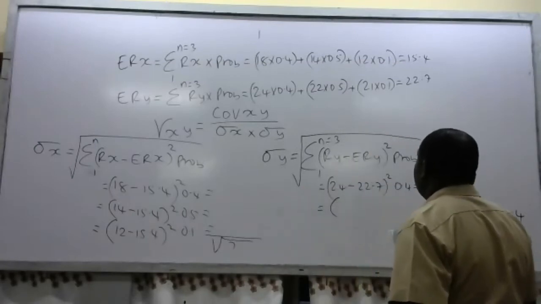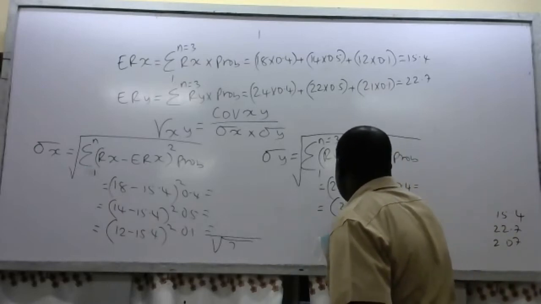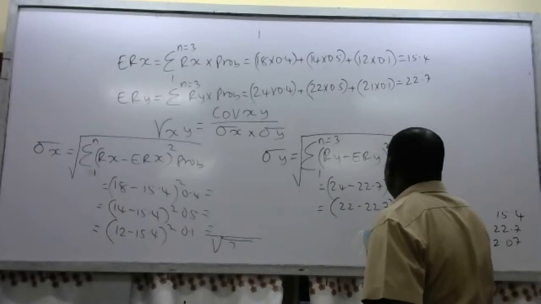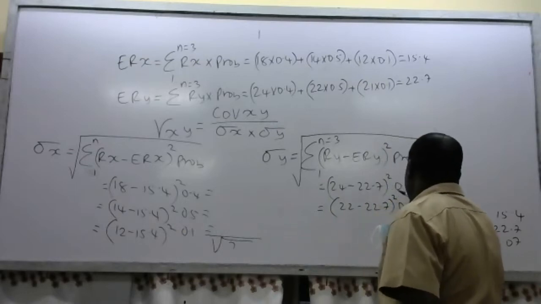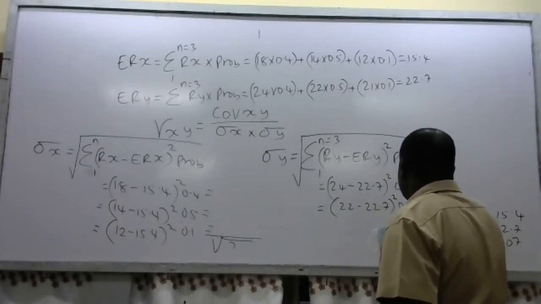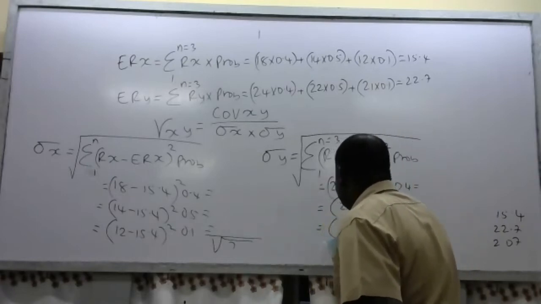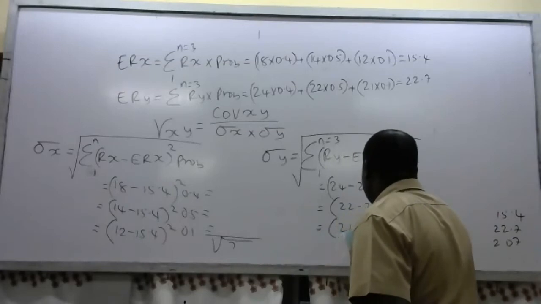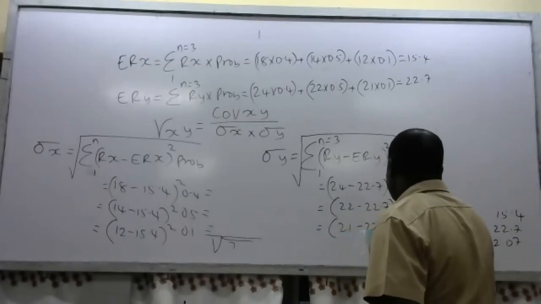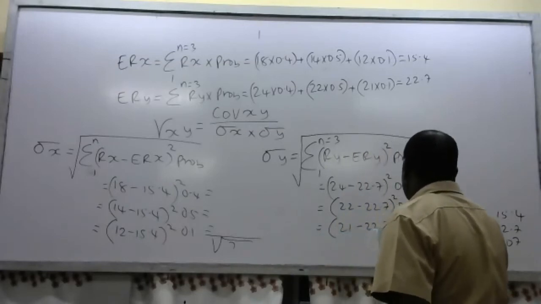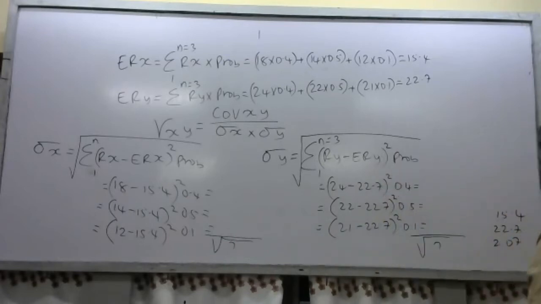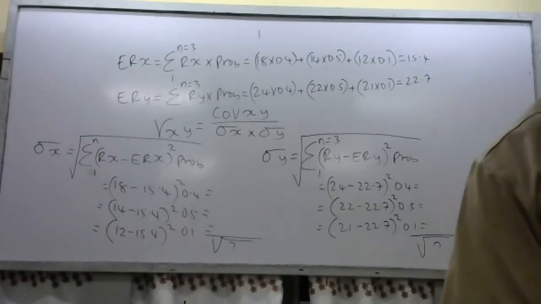The next one is 22, also minus 22.7, we square, 0.5. Also 21 minus 22.7, we square, 0.2. So you also get the square root for that, to give me the standard deviation for the two.